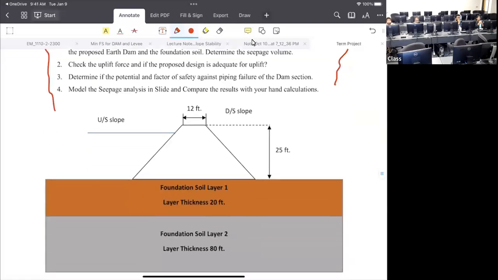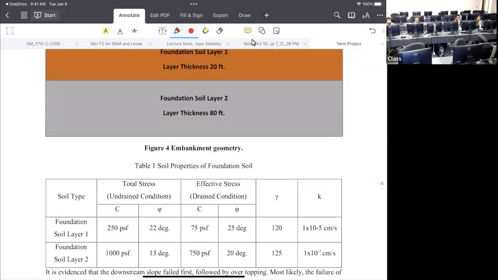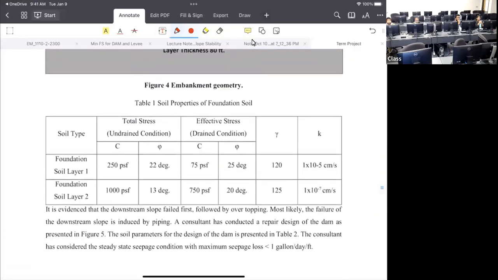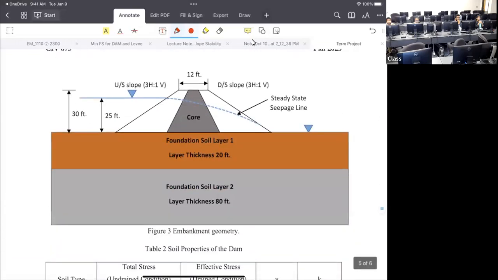Once you do that, you need to do a repair analysis. For the repair analysis, someone gives you a cross section that looks like this. You need to validate it and come up with your own judgment. If you feel this is good, you keep it. If you feel this is not good, you come up with your own solution.